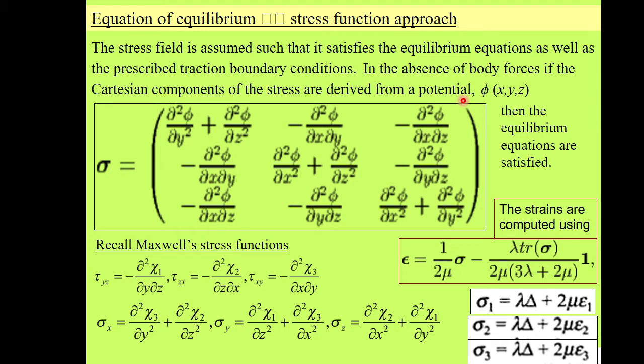And then we will use this relation to find our strain components. Then we will obtain the strains. The reverse relation, we have also seen: strains in terms of stresses, and then from strain we will calculate displacement. So this is the reverse way of solving the problem.